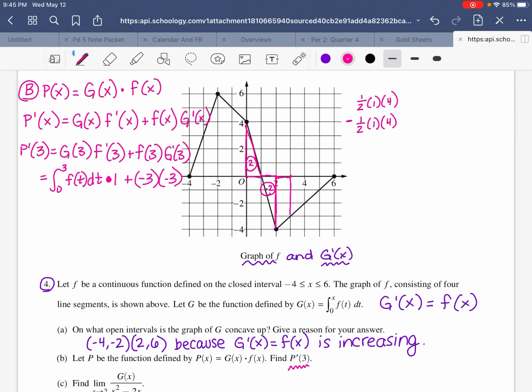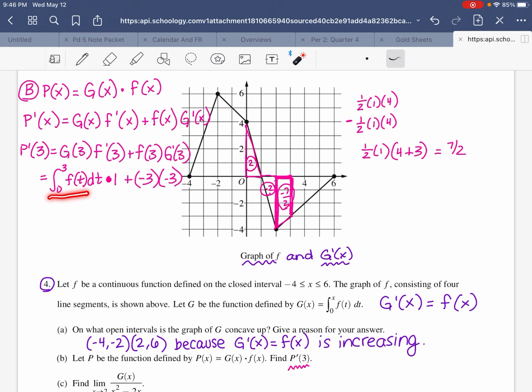And then I need to go to 3. And this is a trapezoid. And the trapezoid formula is 1/2 my height here, which is just 1, times base 1, which is this, 4, plus base 2, which is 3. So this is 7/2. I'm going to call it -7/2 because it's under the axis.